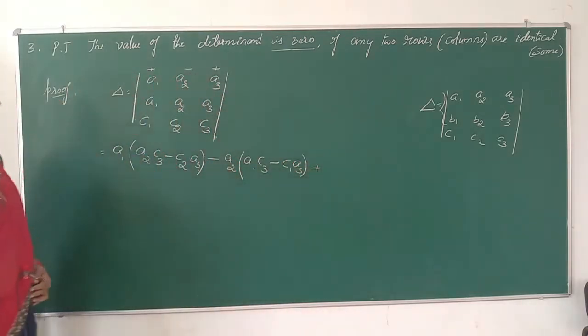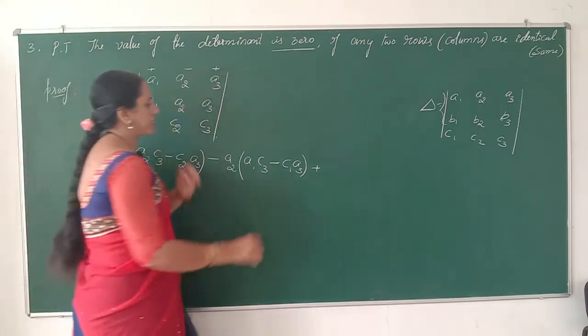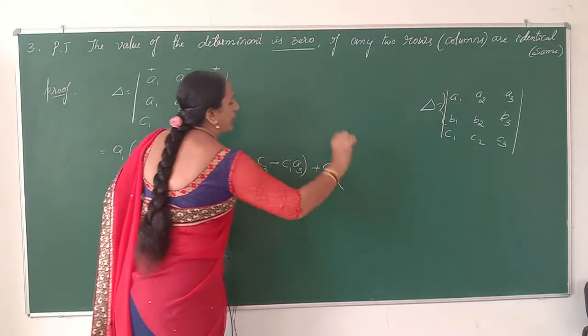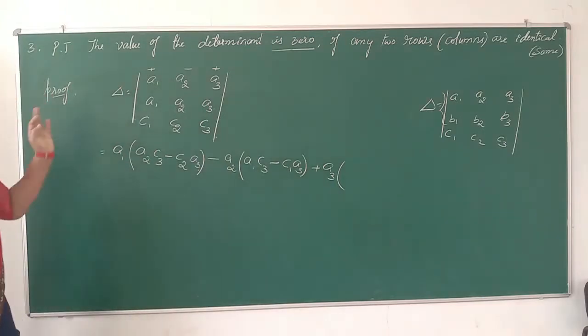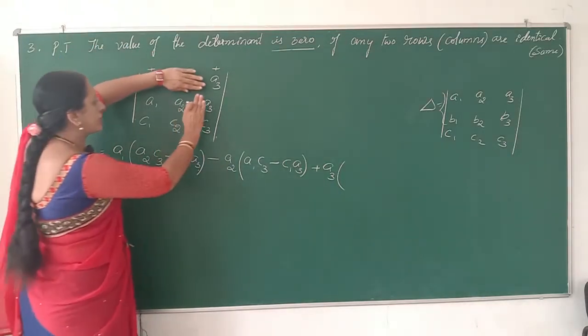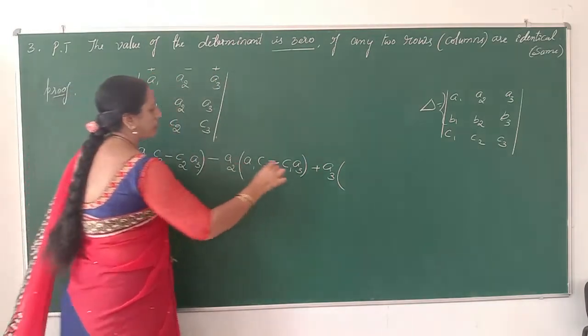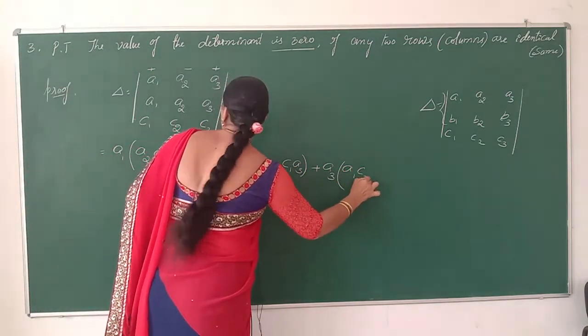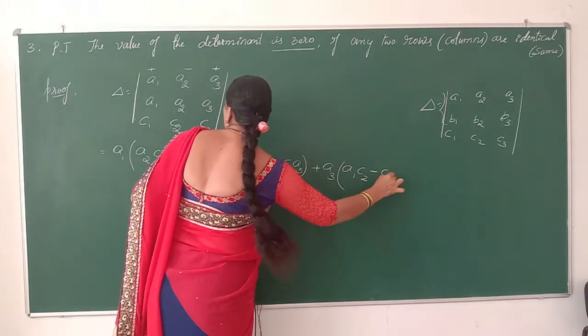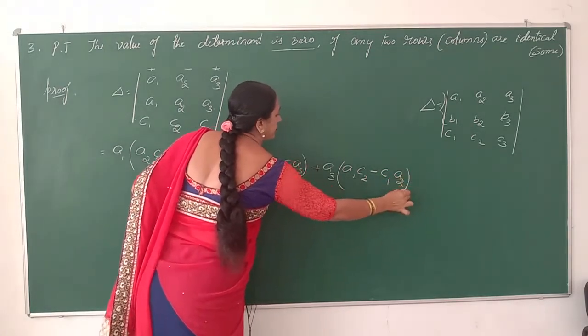Then the third element is a3 plus a3. A3 is an element of the first row, third column, and these elements get neglected, and the remaining get cross multiplied, that is a1 c2 minus c1 a2.